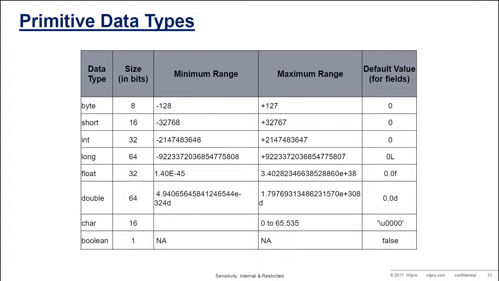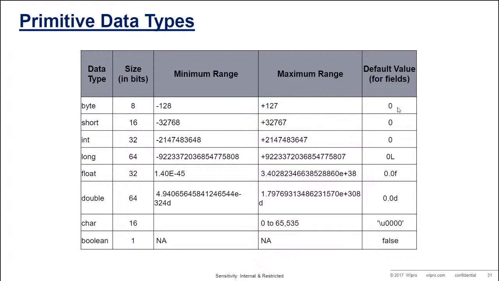Unlike with C or C++, you don't have the concept of garbage values in Java. If you declare a variable without initializing it, this is what the default values will be, but there won't be any garbage value concept.